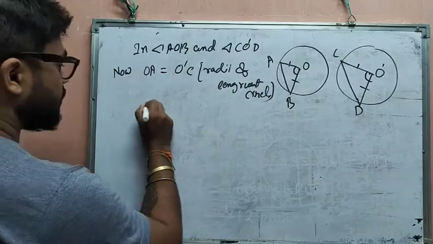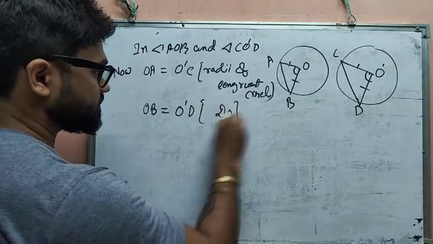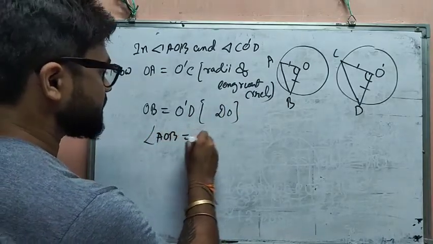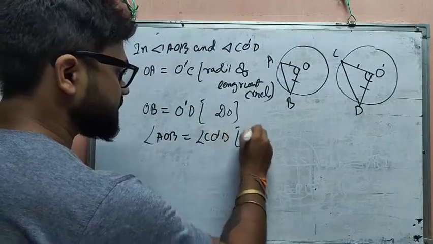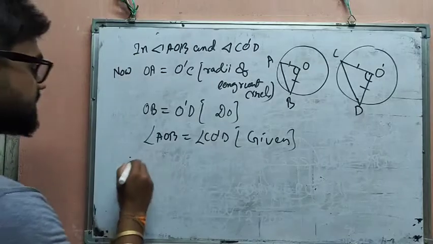Then OB equals O dash D, the condition is the same. And next we are given angle AOB equals angle CO dash D, which is given.